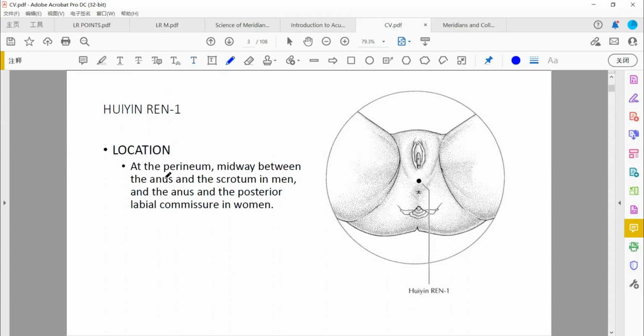Location: at the perineum, midway between the anus and the scrotum in men, and between the anus and the posterior labial commissure in women. So from here to here, the midway.